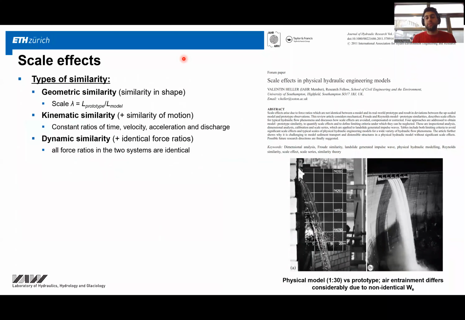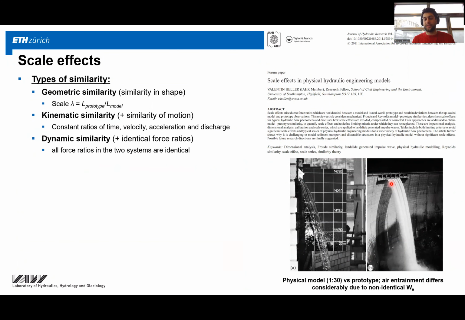So the first thing to care about when doing hydraulic engineering modeling is scale effect. So here I would like to present a picture taken from the paper from Valentin Heller, from Professor Heller. And I think it's like the Bible for hydraulic modelers. So probably you already know about that.